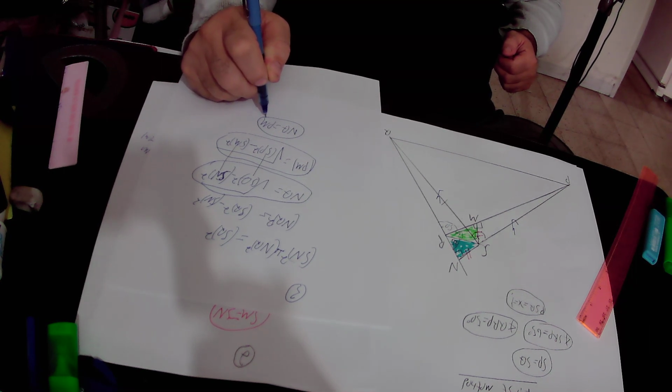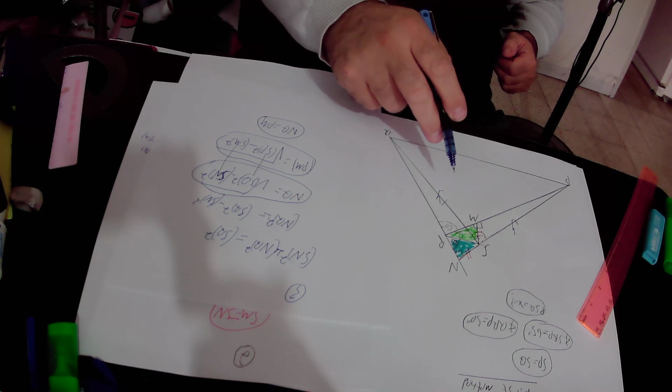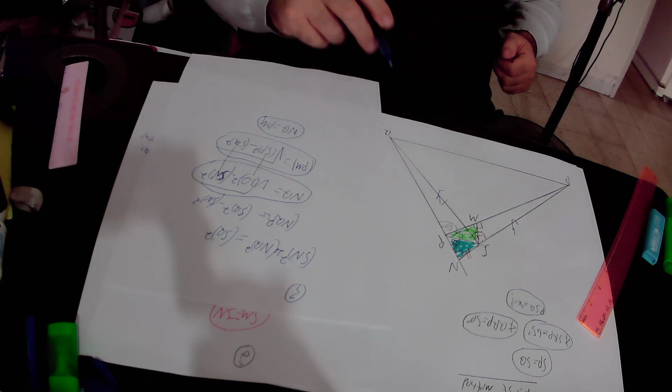So we actually succeeded to prove that all three sides of the right triangle SMP are equal to all three sides of the right triangle SNQ.